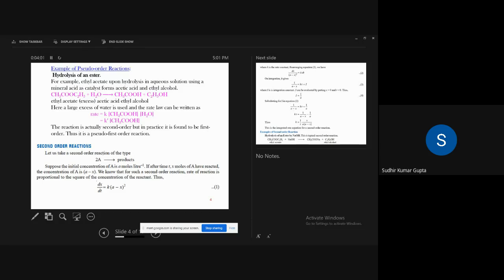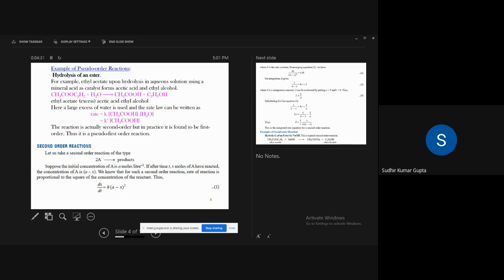Now, as you have already studied the first order reaction and the determination of the expression for its rate constant, we will not discuss that. We will directly start from the determination of the expression for the rate constant for second order. Suppose there is a reaction where 2A gives product, with initial concentration a.